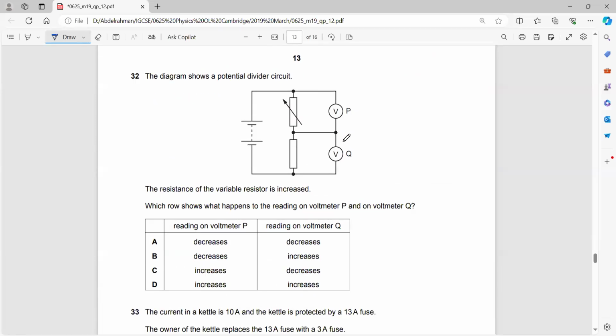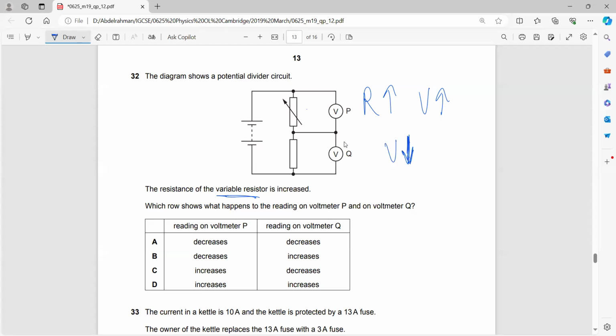You have a variable resistor and another fixed resistor. Which row? The resistance of the variable resistor is increased. What happens to the voltage? We know that as you increase the resistance, the voltage increases. But what about the voltage of the other resistor?